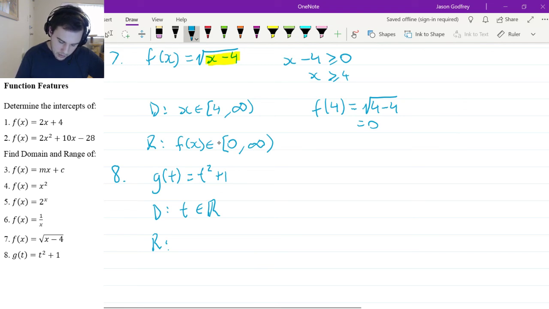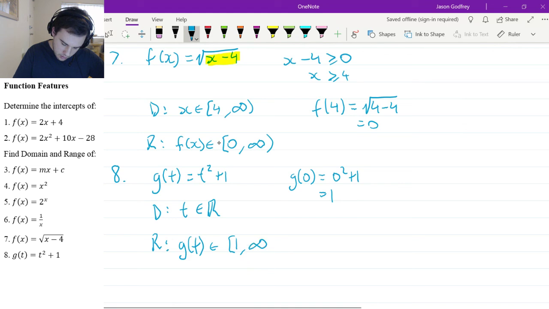Well, the lowest value you can get for the t squared piece would be 0. So when we do g of 0, we get 0 squared plus 1, which is 1. So the range is going to be all the output values, and this time it's called g of t. All the values g of t are going to go from 1, including 1, off to infinity.